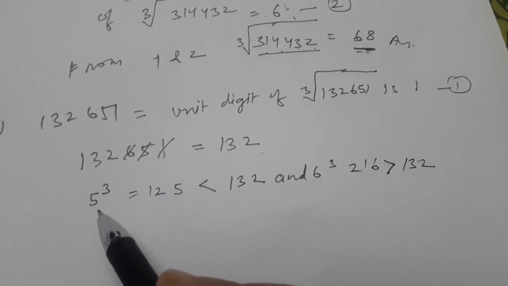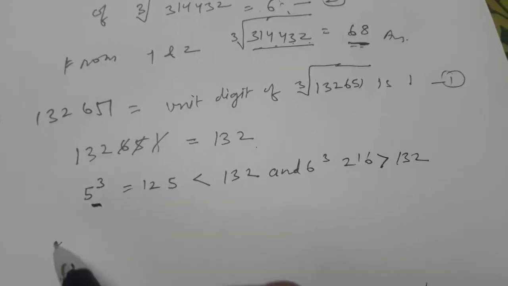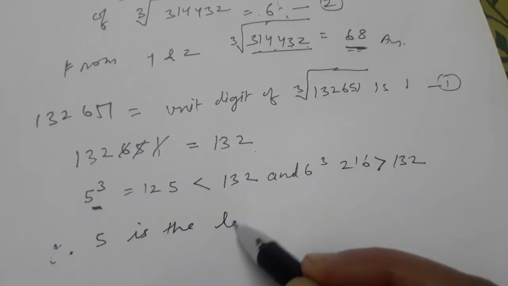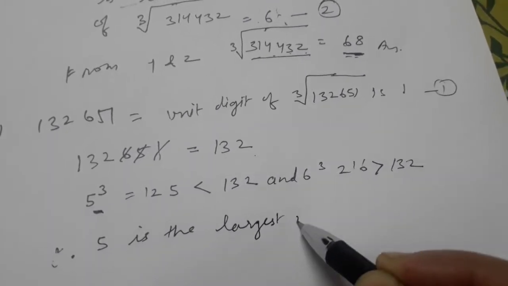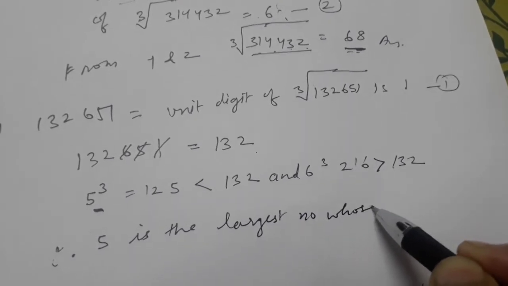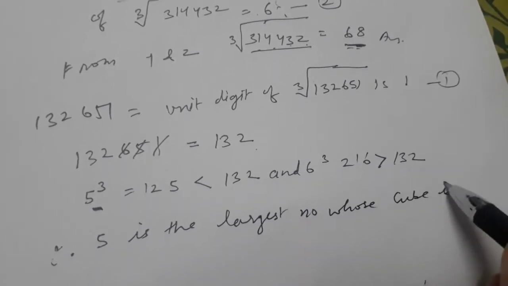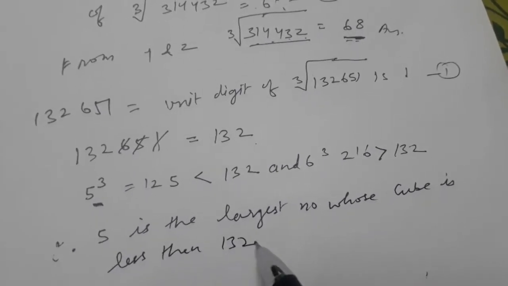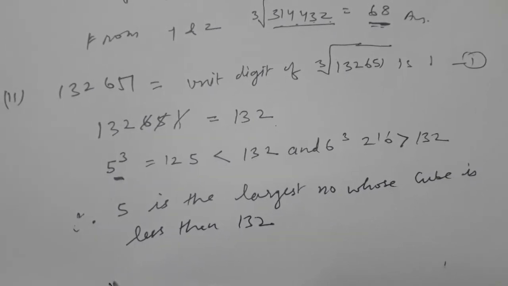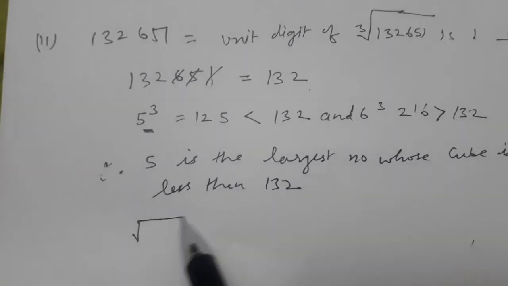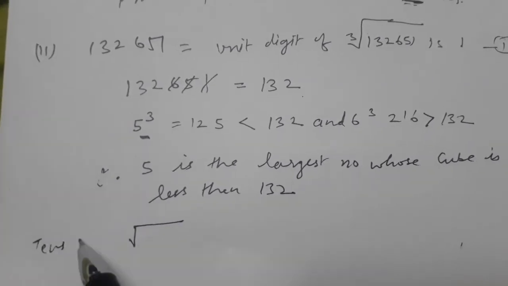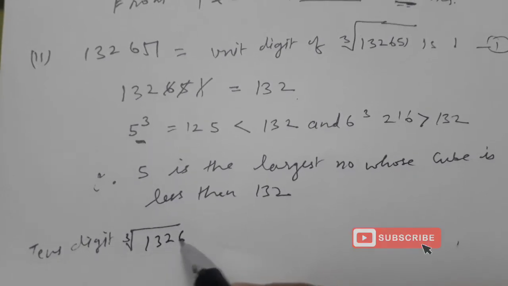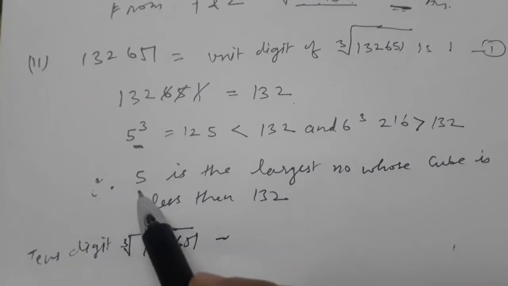So we will consider the smaller number. Therefore 5 is the largest number whose cube is less than 132. So the tens digit of the cube root of 1,32,651 would be 5.